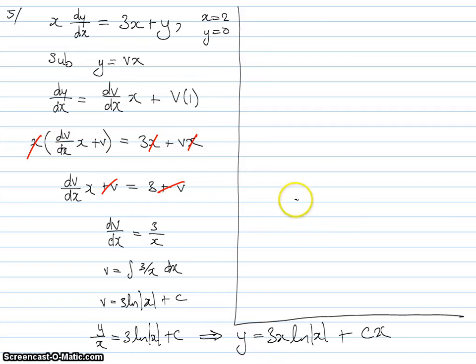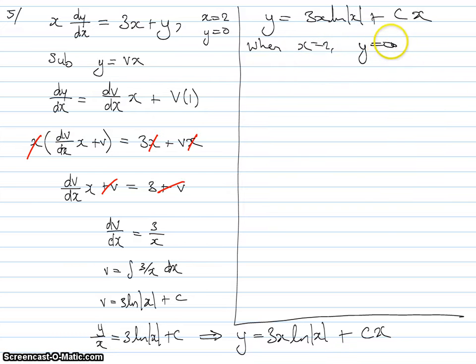How do we do that? Well, we know y equals 3x ln mod x plus cx, and we know when x equals 2, y equals 0. So we substitute these values into our equation, and we get 0 is equal to 3 times 2 ln 2 plus c times 2.